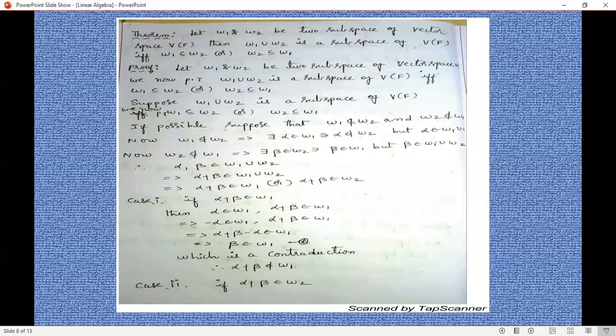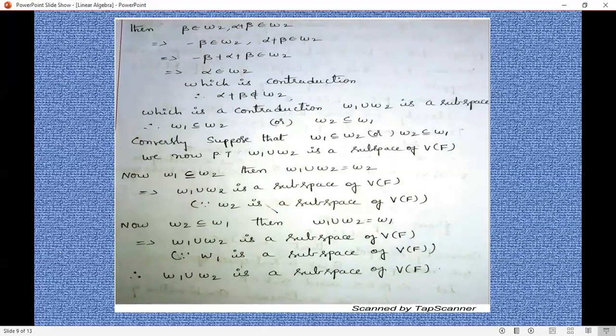Coming to case 2, what are we taking? If alpha plus beta belongs to W2, then we have already taken that beta belongs to W2. Beta belongs to W2 implies, by existence of inverse, minus beta belongs to W2, and alpha plus beta belongs to W2 implies, by closure law, minus beta plus alpha plus beta belongs to W2 implies alpha belongs to W2.